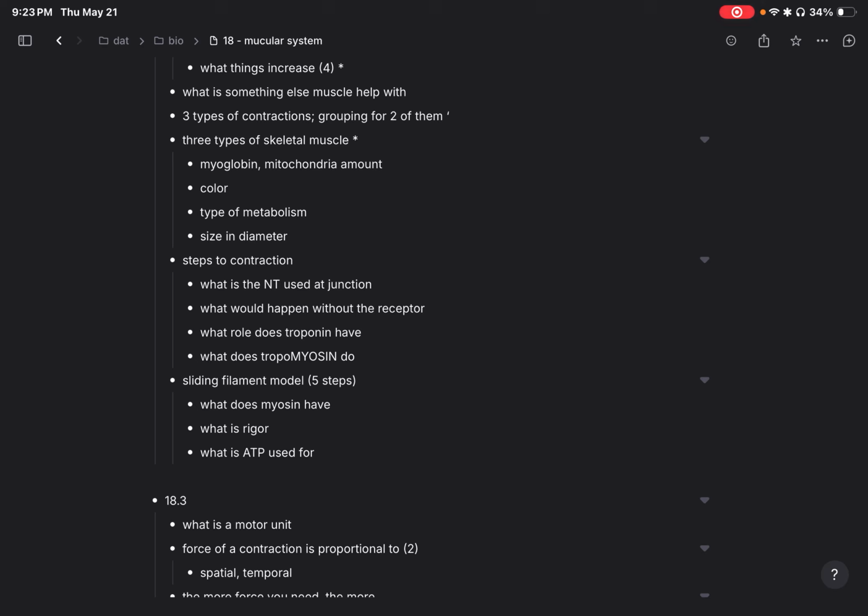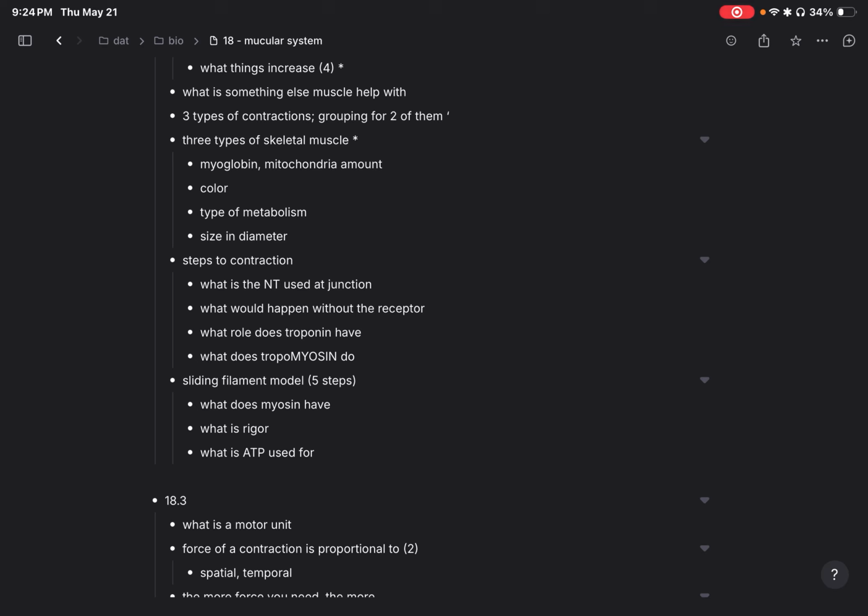Nerve signal arrives, acetylcholine will release. Depolarization binding causes the sarcolemma to depolarize, triggering an electrical signal that travels into the muscle fiber through the T tubules. The T tubules will cause the sarcoplasmic reticulum to release calcium 2 plus.